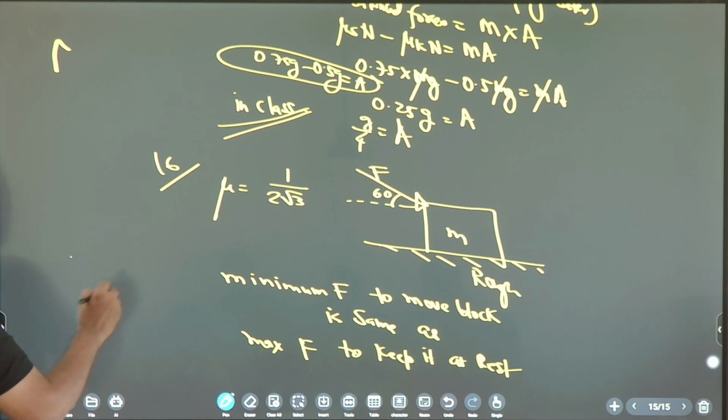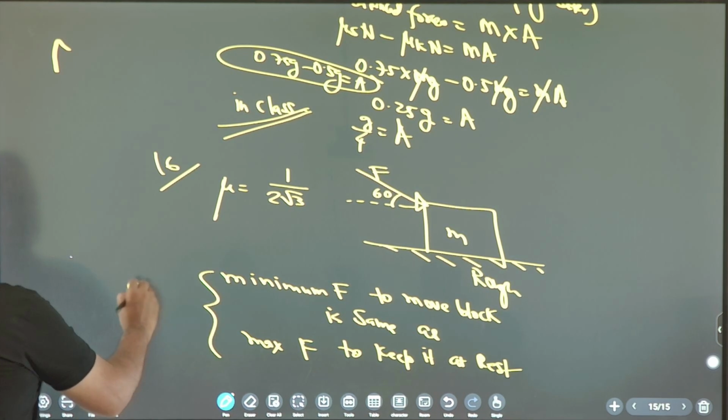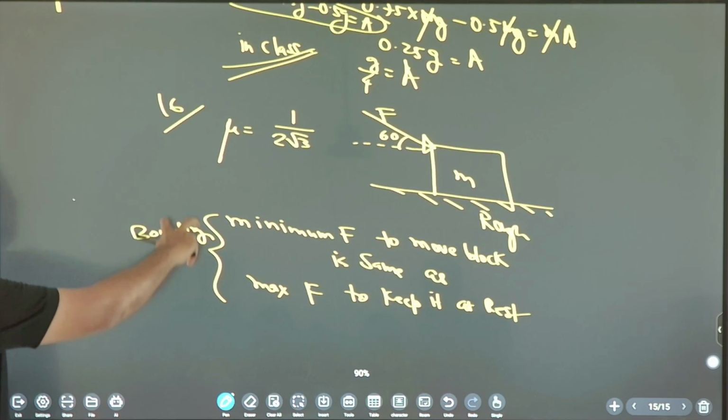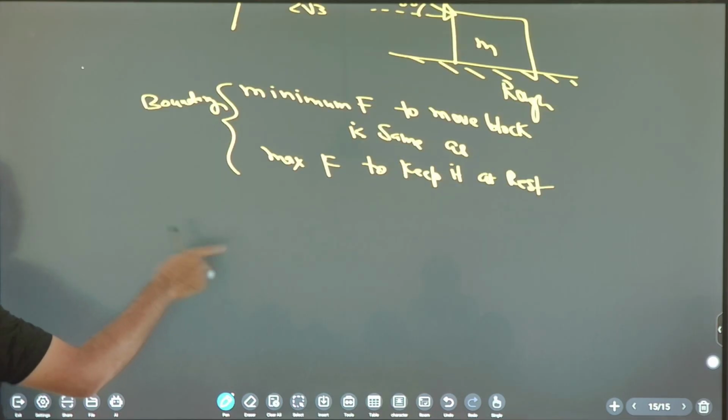It is like a boundary. I will give one interesting example.